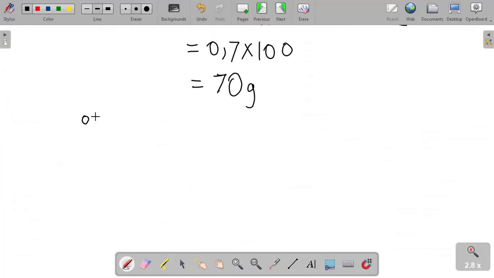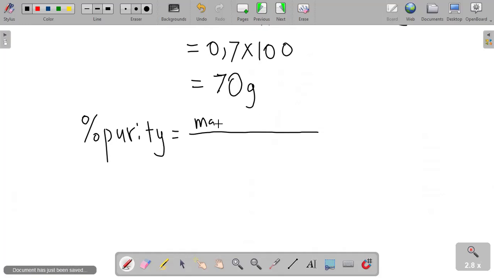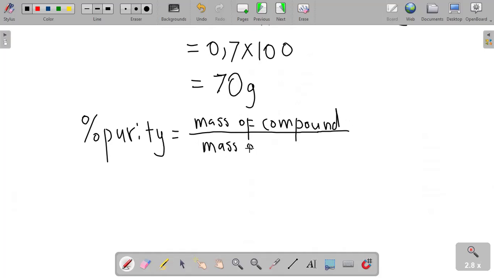So then we come here. We know that the percentage purity will be equal to mass of compound over mass of sample, then multiply by 100.